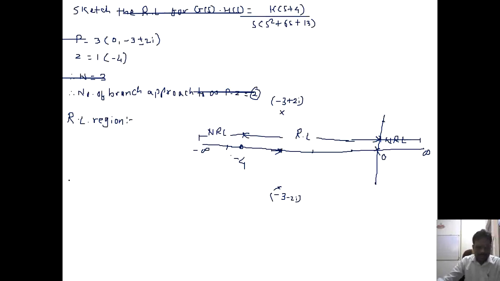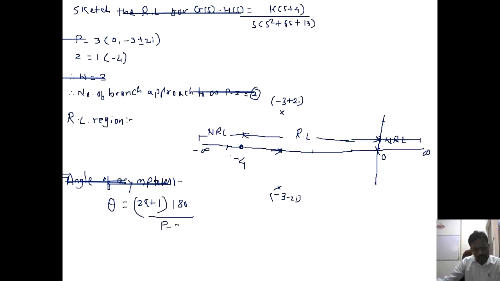Next part is asymptotes, so the angle of asymptotes, where theta is (2q plus 1) into 180 divided by p minus z, and the value of q goes from 0 to p minus z minus 1.